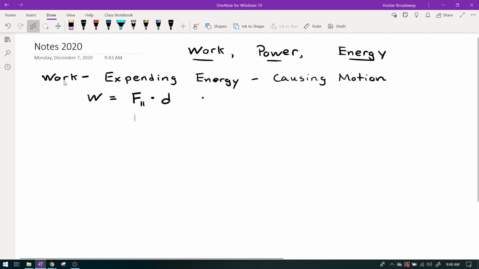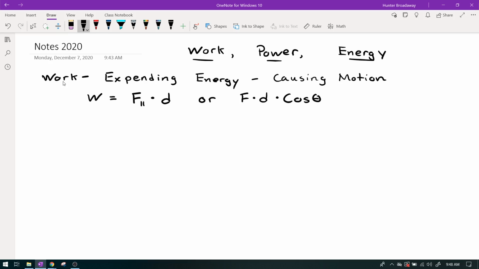I'll write this up here: work is force times distance times the cosine of the angle between the actual useful force and the displacement. So your displacement and your force need to be parallel.